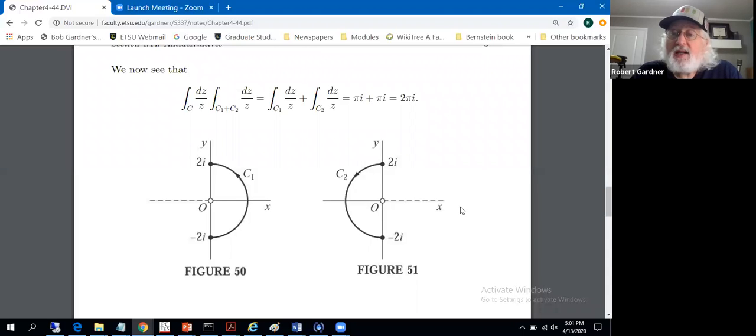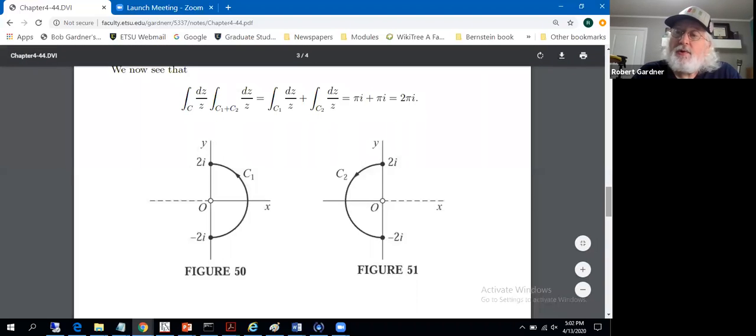We could cut along the positive real axis. That ain't the principal branch of the logarithm, but it's a branch of the logarithm. All right, that won't cut the left-hand half of that contour. So we're going to deal with different antiderivatives, but antiderivatives that allow us to use Theorem 4.44.A on the pieces of the contour.